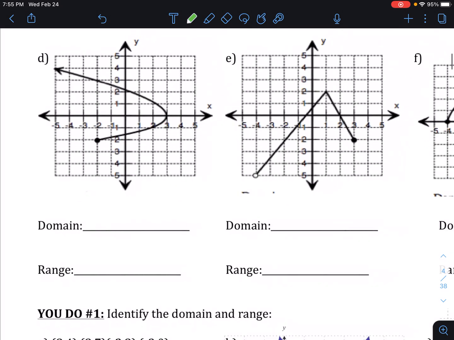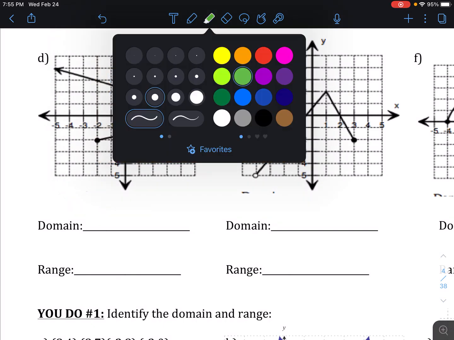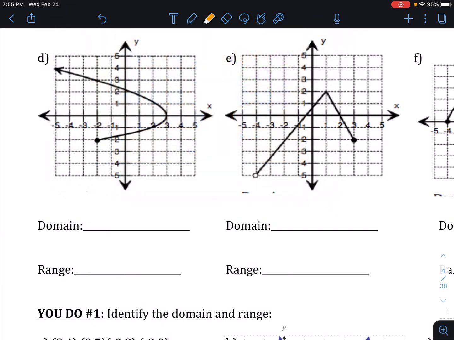Letter D throws in a new aspect. Notice up here, we have an arrow, which means it goes on forever. You're going to see what happens for domain and range with that. It has to do with infinities. For the domain, again, look at the x values, thinking left to right.